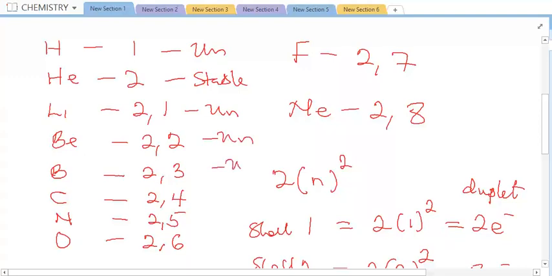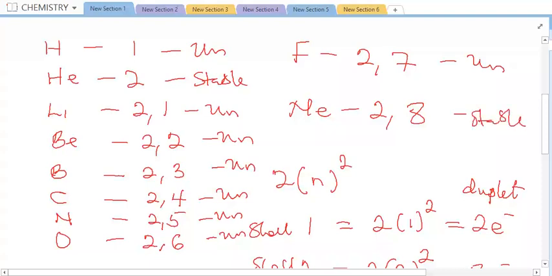Boron is unstable, incomplete. Carbon is unstable. Nitrogen is unstable. Oxygen is unstable. Fluorine is unstable, but neon has 8 electrons in its outermost shell, which is octet stability. So neon is stable.